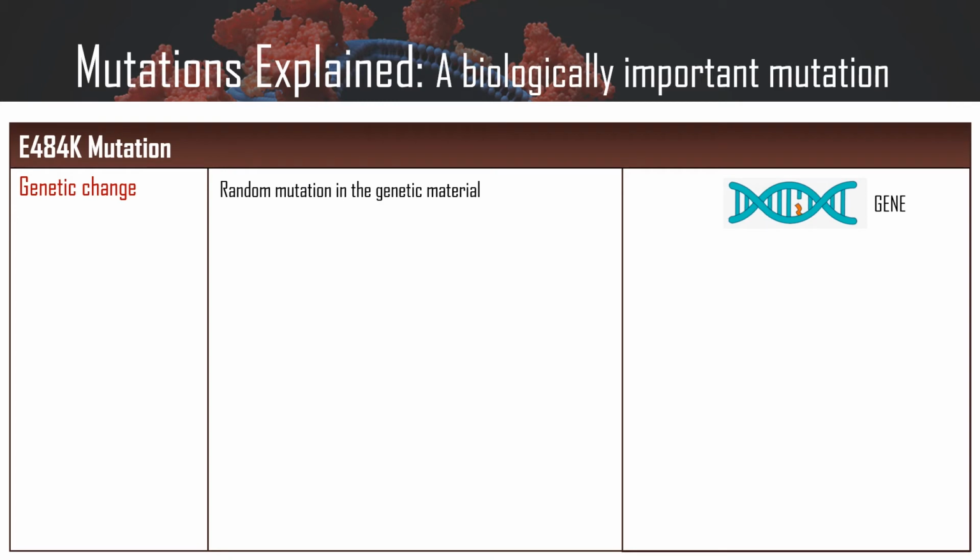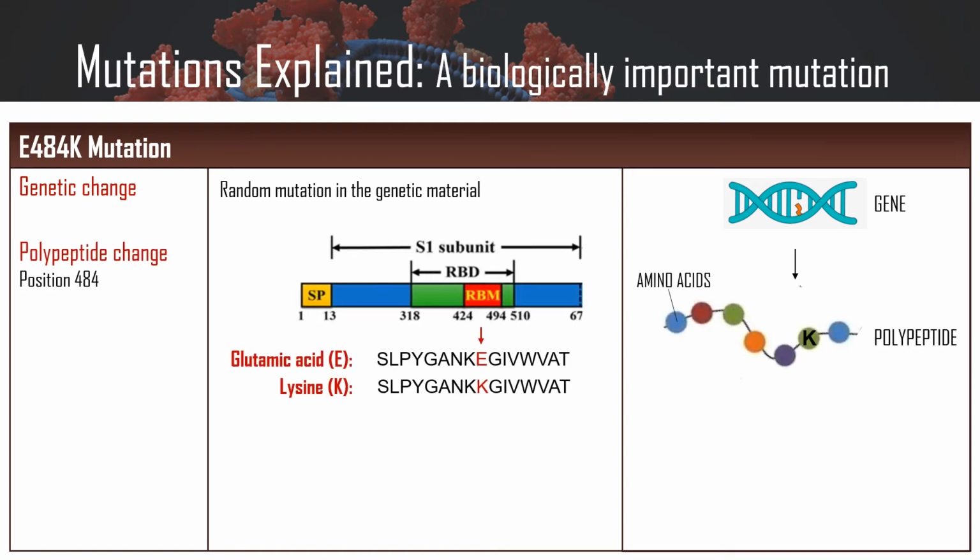So E484K is a substitution mutation arising from a genetic change, which occurs in the receptor binding domain of the S protein. It specifically occurs at position 484 in the polypeptide sequence, and at that position the E is substituted with the K, which you can see here. So what is E and what is K?